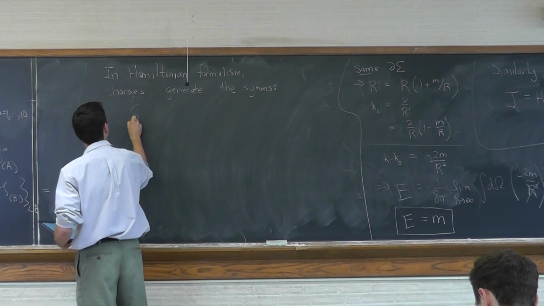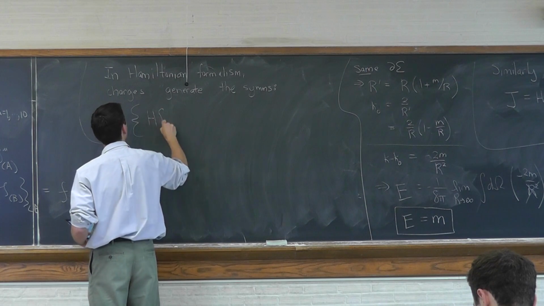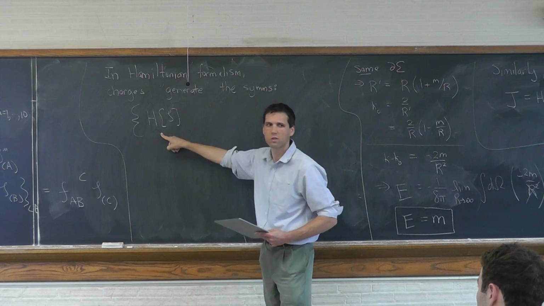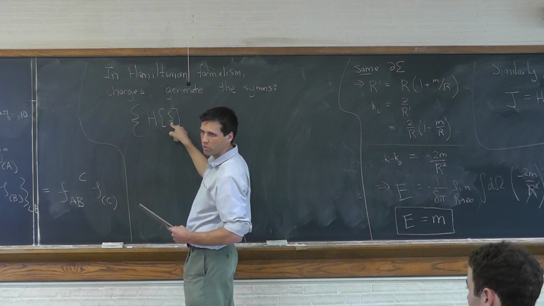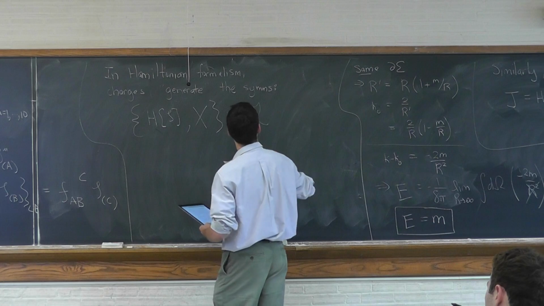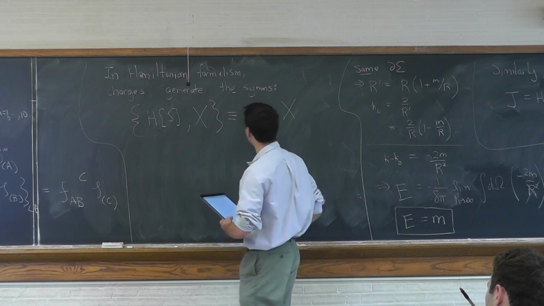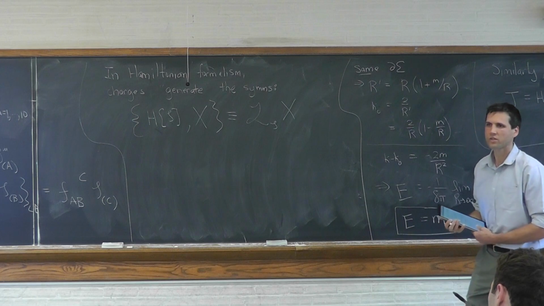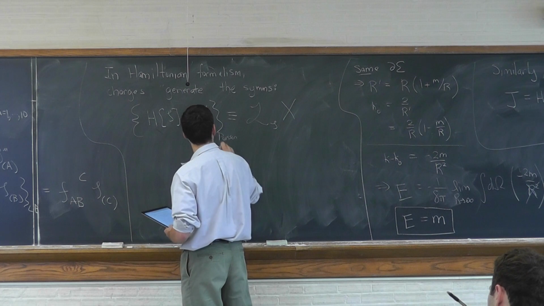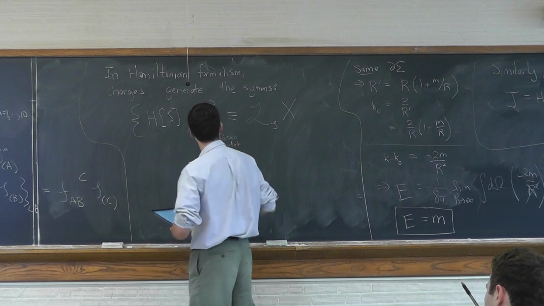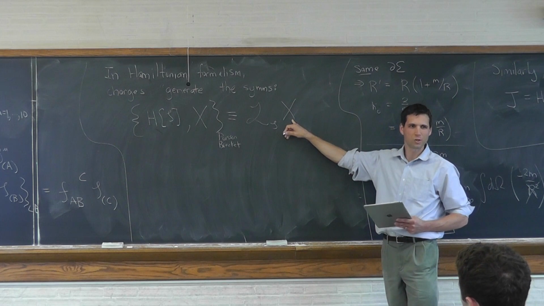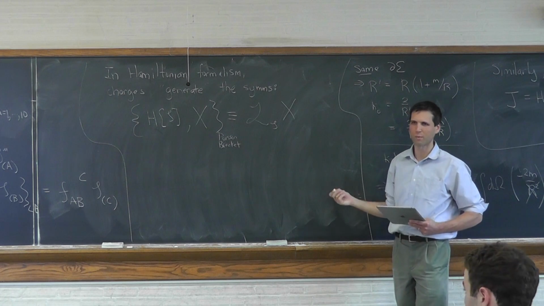So what that means is that the conserved charge H associated to a symmetry zeta acts under Poisson brackets by doing the symmetry transformation. Okay, so this is a general feature of Hamiltonian mechanics.